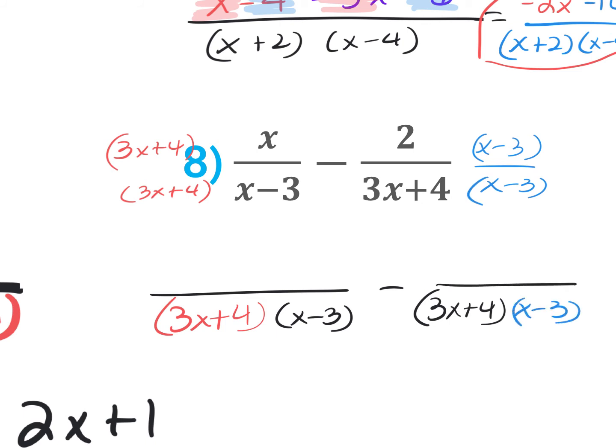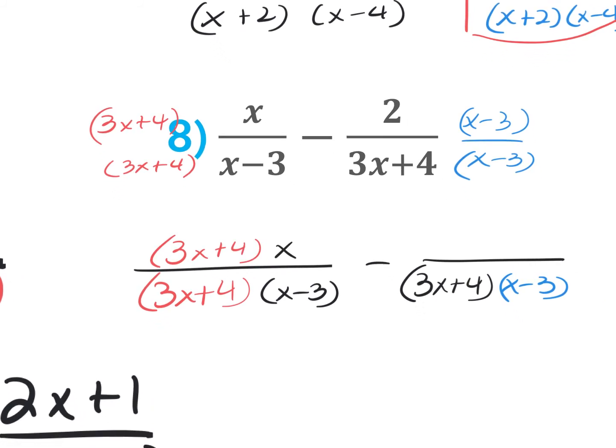All right, so now for the numerator, I could just go ahead and set this up like this for now. So what I need to do is distribute this before I combine like terms. And then the same thing over here with the blue, I'm going to need to distribute the 2 into that x minus 3.